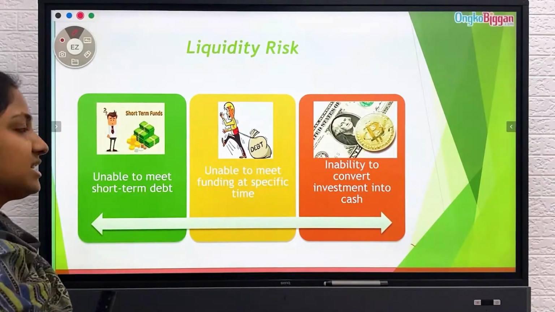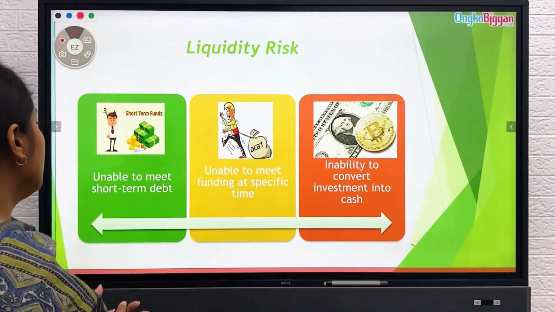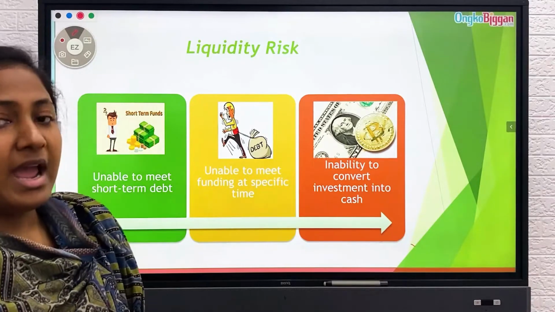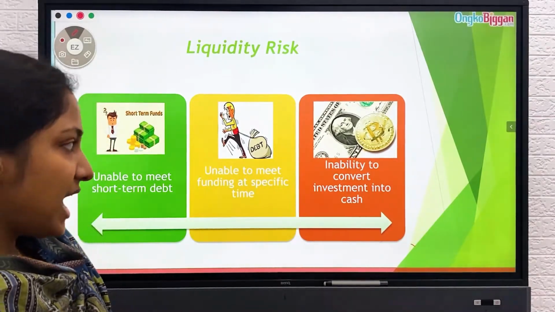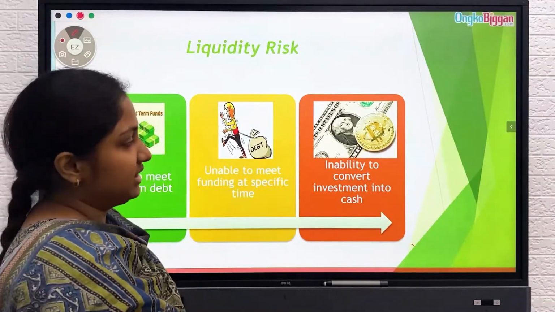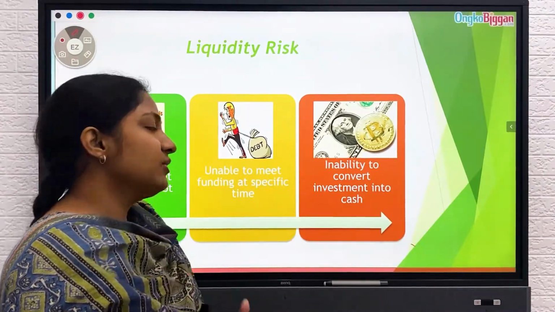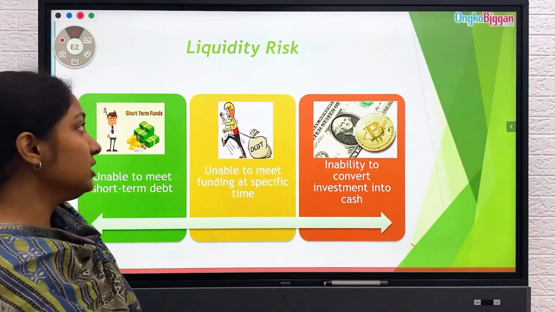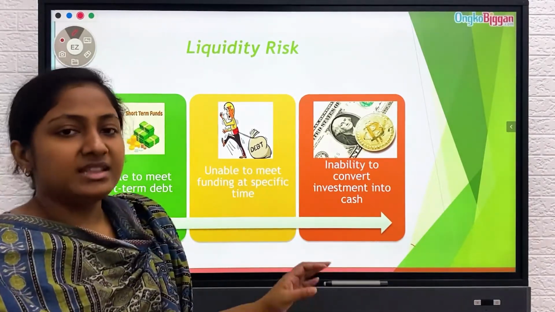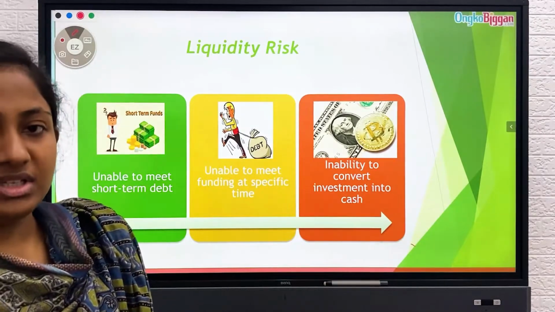The main thing is if you are unable to meet the short-term debt, and if you are unable to meet the funding at a specific time, and most importantly, the inability to convert investment into cash, then this is all called the liquidity risk. This is the main concept of the liquidity risk.